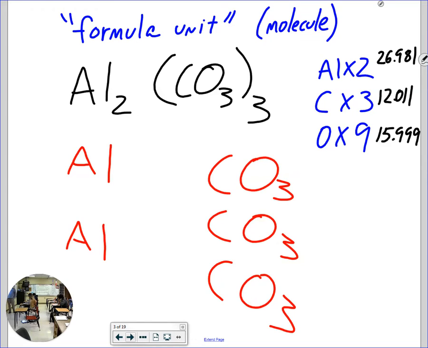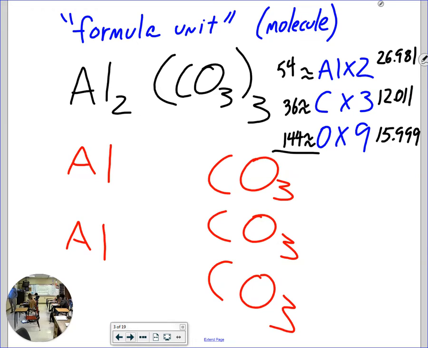So I would take 2 times 26.981. I'm just going to estimate, just to save some time here. That's going to be awfully close to 54. 3 times 12.011 is going to be awfully close to 36. And 16 times 9, okay, 10 times 16 would be 160, so 144-ish.